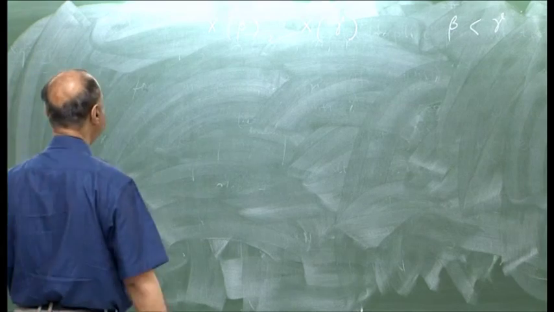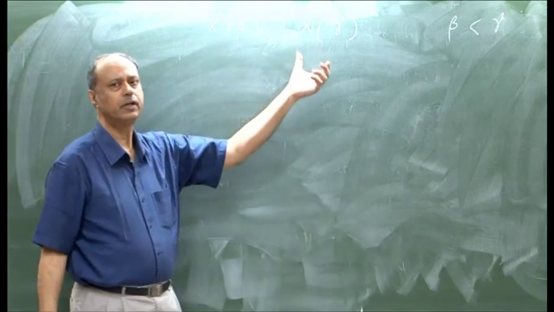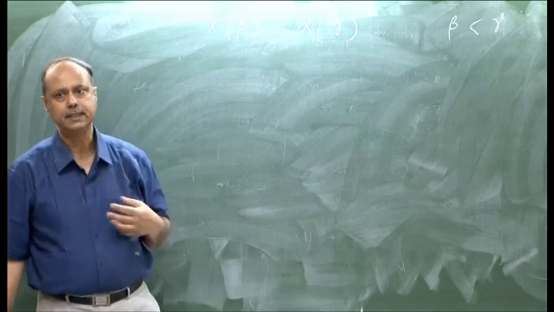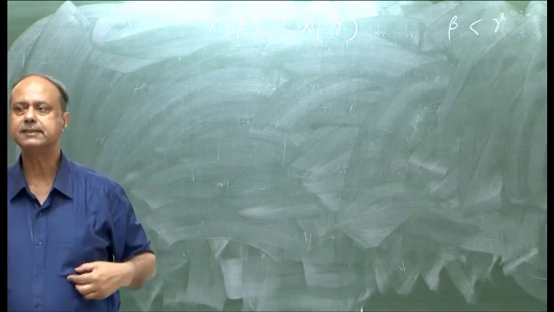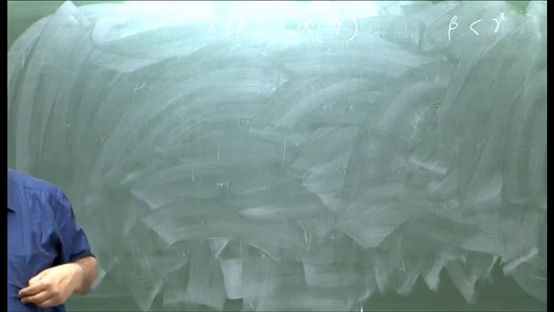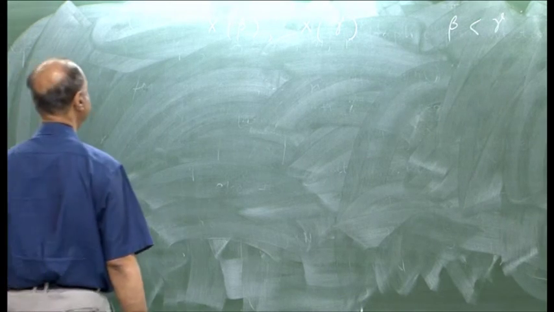So you have to show that x beta precedes x gamma lexicographically. That is the thing: for beta less than gamma, you have to show that x beta precedes lexicographically x gamma, right?